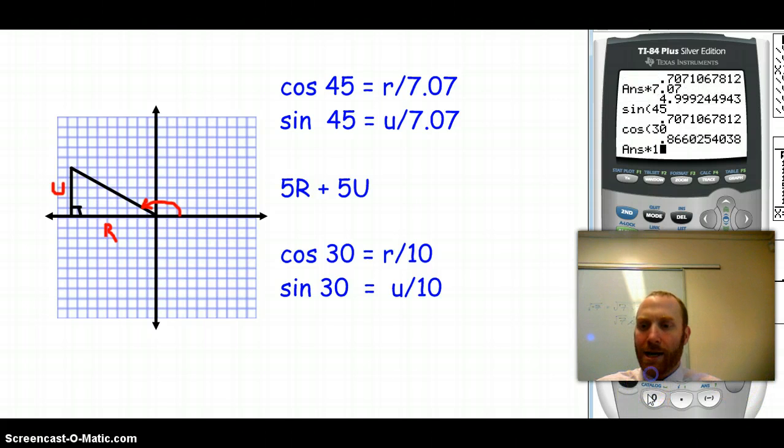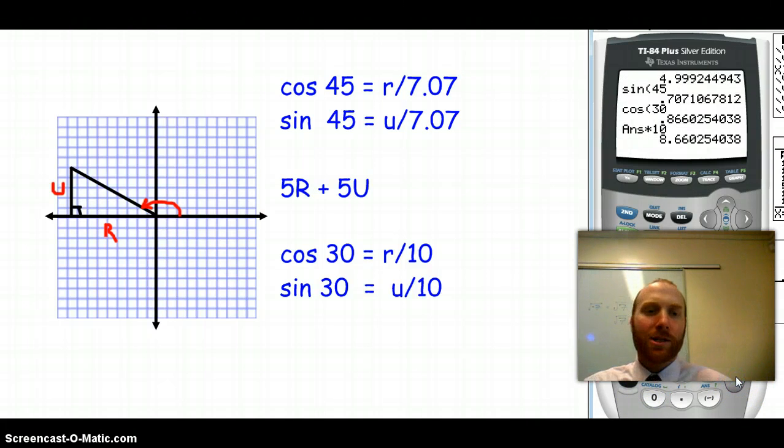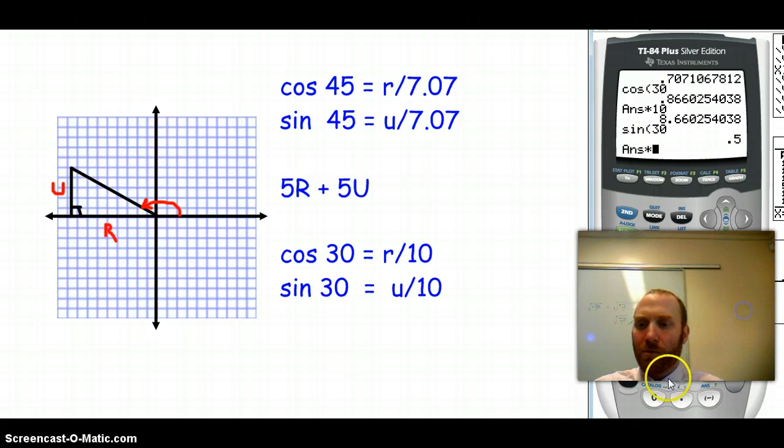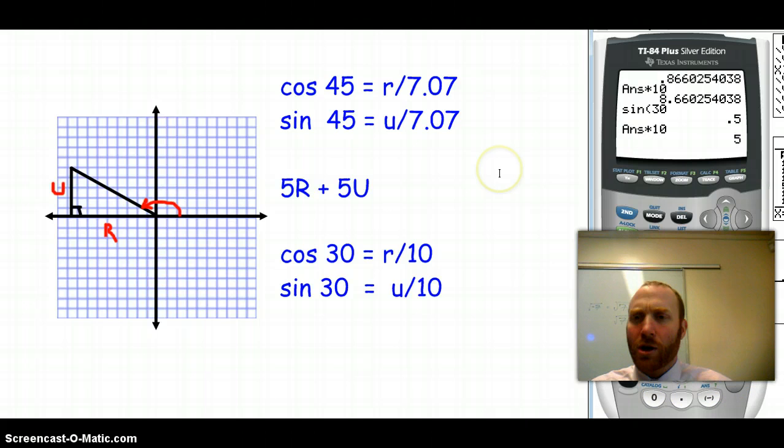Multiply it by 10, I get 8.66 r, except that was a negative, so I'll write that down as a negative value. If I do the sine of 30, that actually turns out to be 0.5, and multiply that by 10. Of course, I'm picking numbers that I really wanted to use because they are numbers that are going to be coming up briefly in our lessons, so I wanted to cover those.